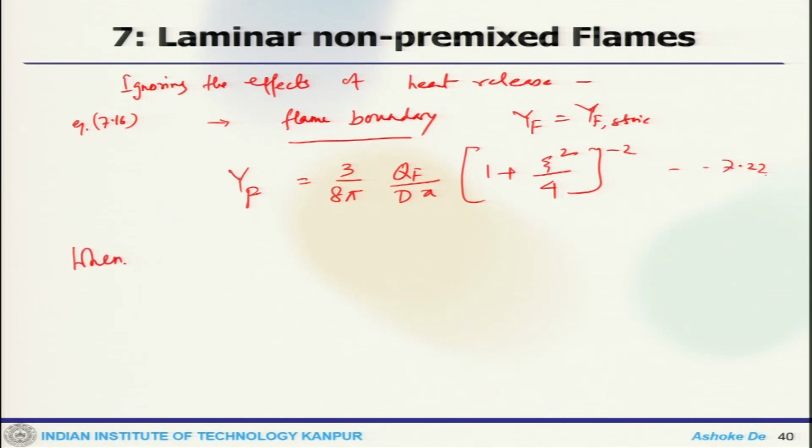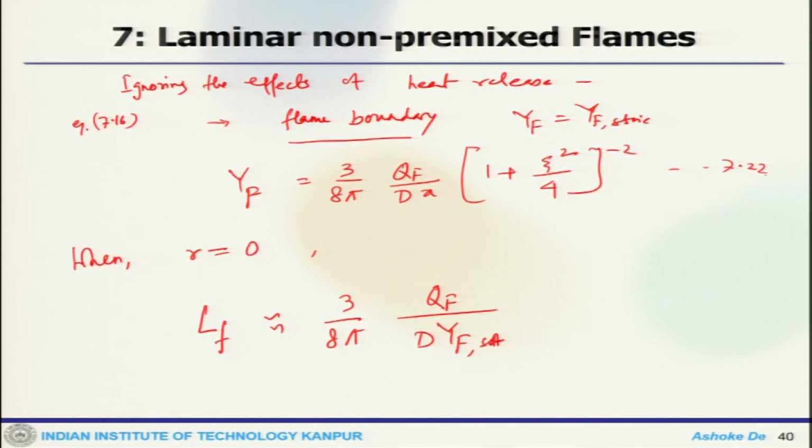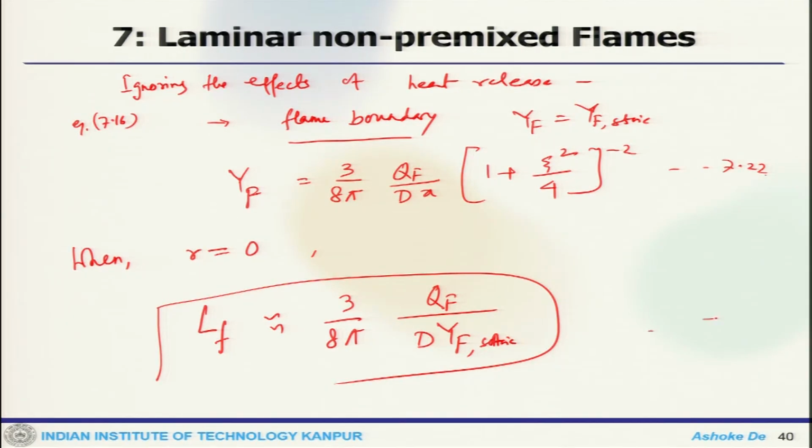Now, when r equals 0, we get the flame length, and that is LF equals 3 by 8 pi d YF stoichiometry. So, that is what you get by ignoring the effect of the heat release.